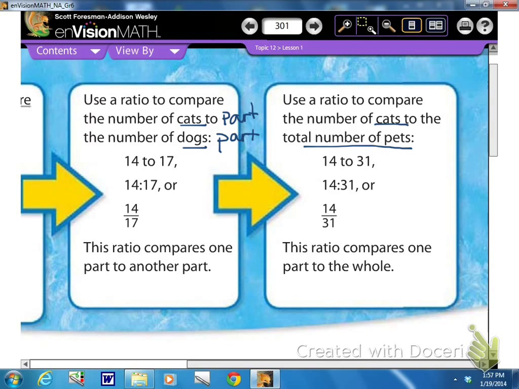So this is comparing a part to a whole, which is what we always see in fractions. So if we were comparing cats to the whole total number of pets, you'd have 14 to 31, 14 colon 31, or 14 over 31. Okay, so you can see how this would be, the first one would be part to part, and the second one is part to whole.